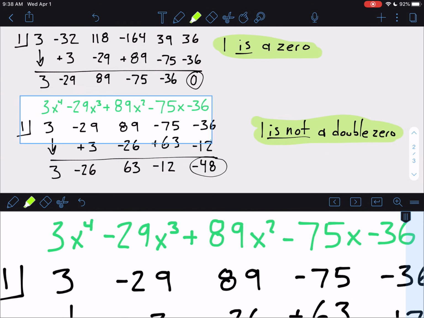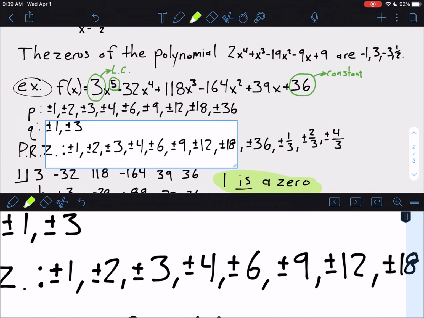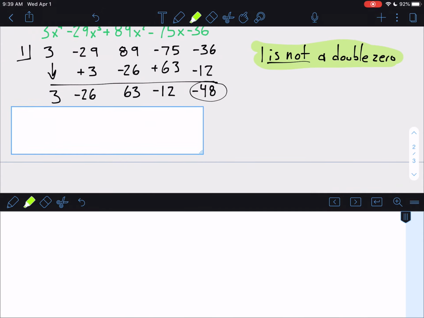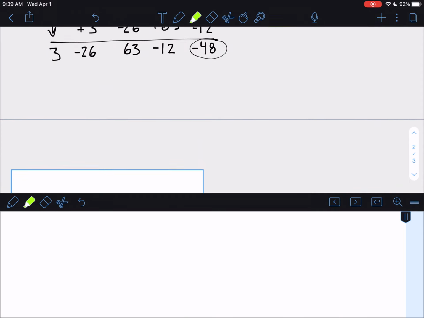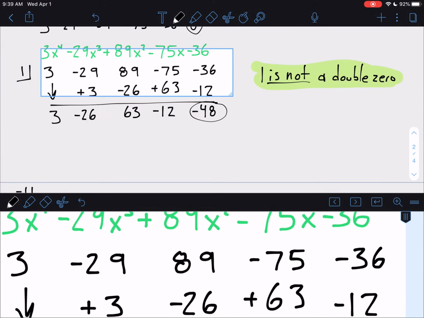All right, perfect. So the next number that I needed to test from my possible rational zeros looks like it was negative 1. So I'll go down here. I just need to keep going because I still need 4 more zeros. I got one of them. The others are out there somewhere. So I'll test negative 1, put it inside my box. And let's see, what were the coefficients?